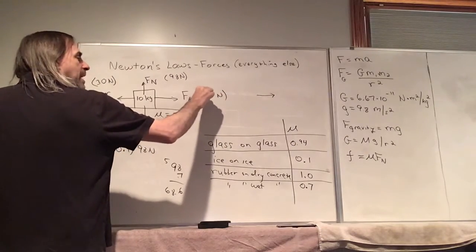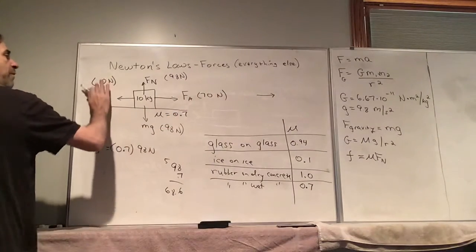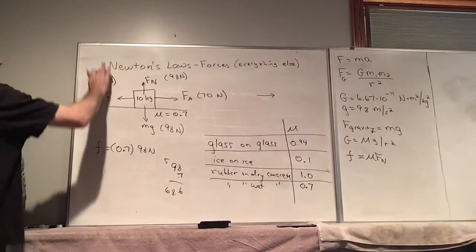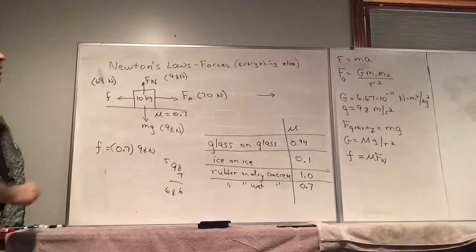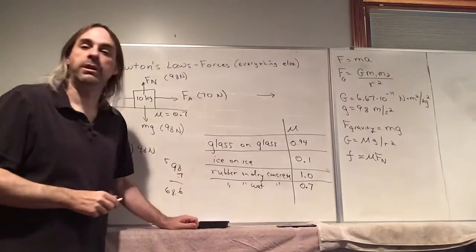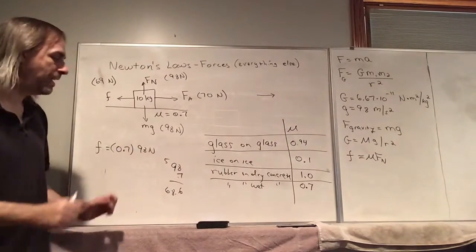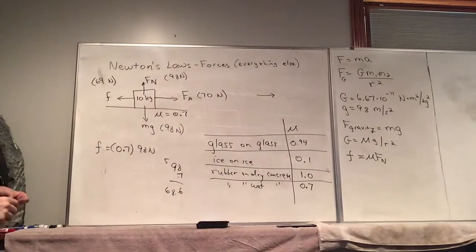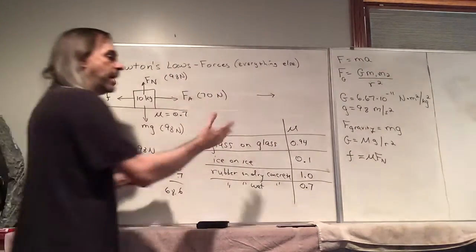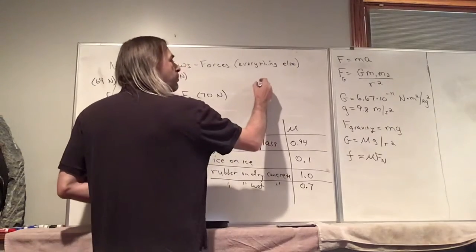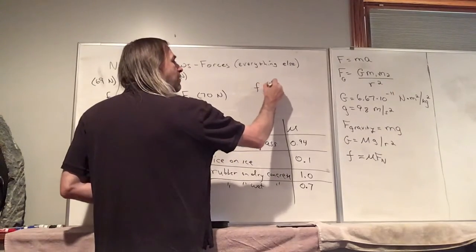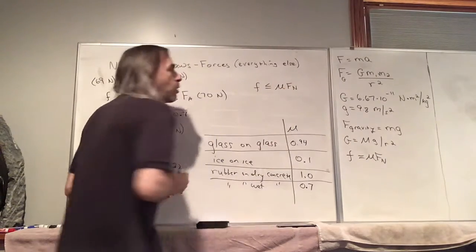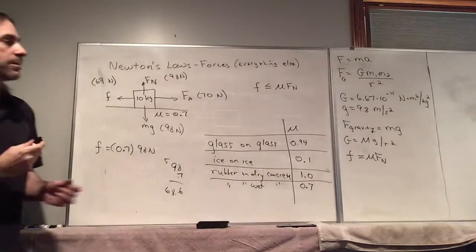So let's say we go to 70 newtons. Well, now friction topped out at 69 newtons. And so now there's a net force of 1 newton in the direction that you're pushing it. And now it's going to kind of break free and start moving. So really what we should write this as is frictional force is less than or equal to mu times the normal force.